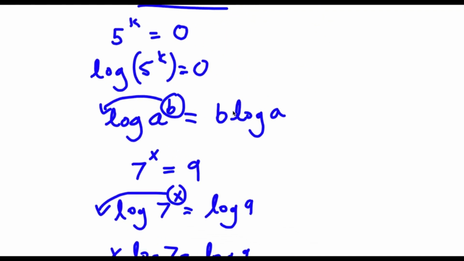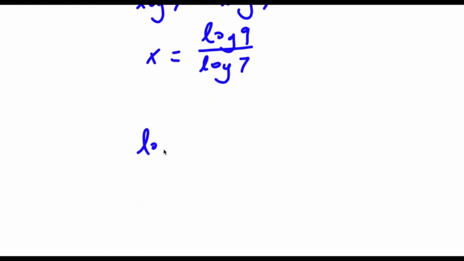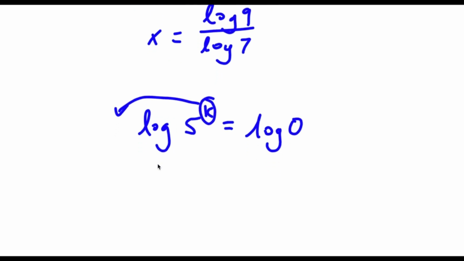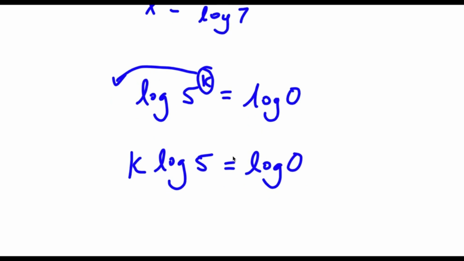So going back to our normal problem here, we had log 5 to the power of k is equal to log 0. Now we can move this exponent k to the front of the logarithm. So now I have k times log 5 is equal to log 0.